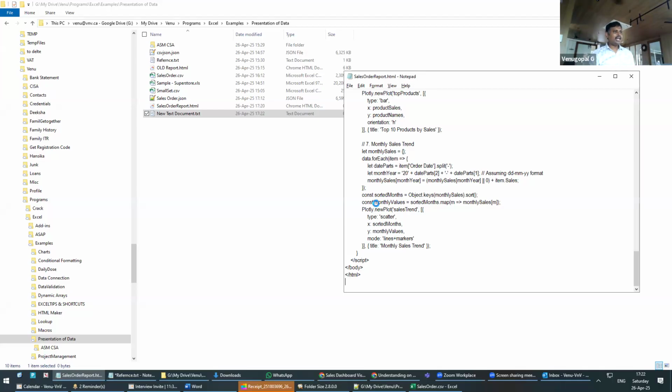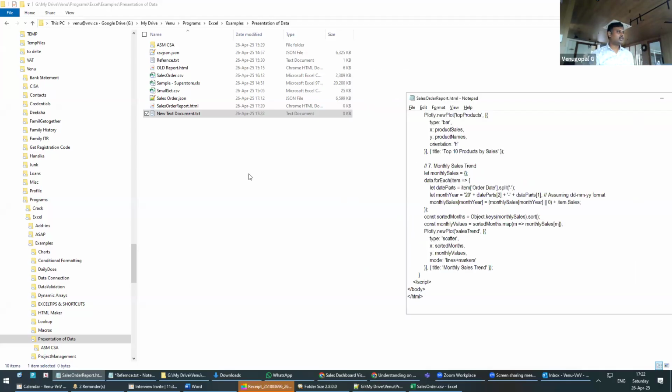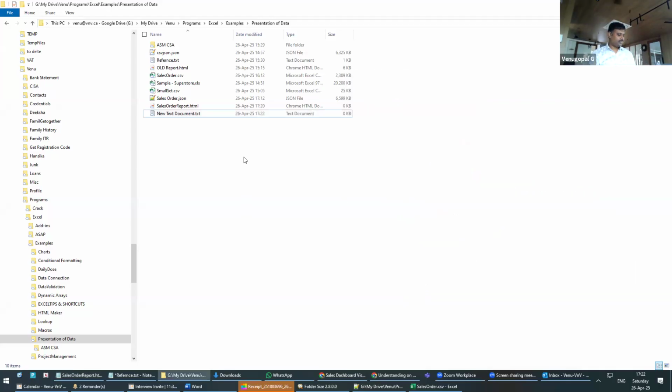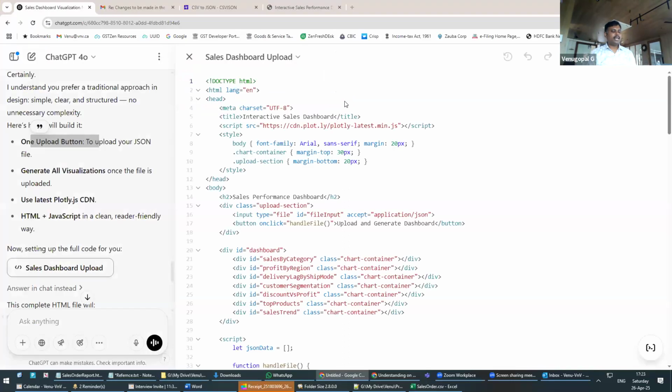And I'm saving it with Control-S. You can see it was 0 KB, and on a refresh it became a 6 KB file. Hit enter and you can see an interactive sales dashboard.